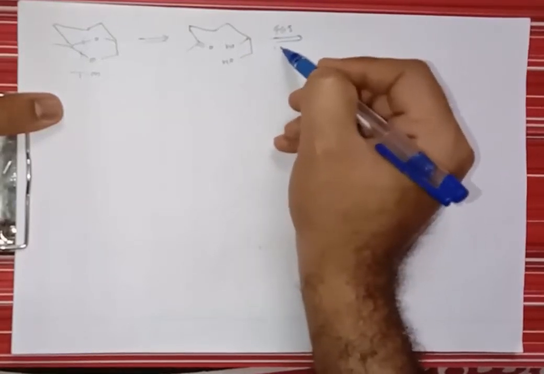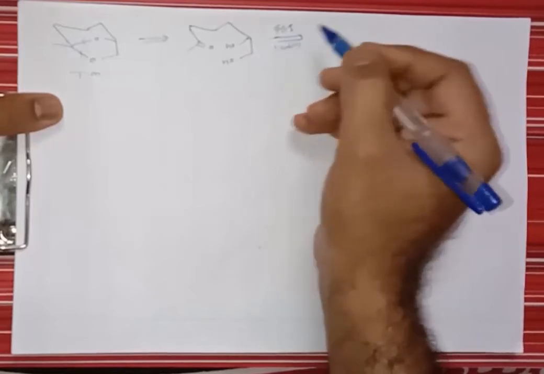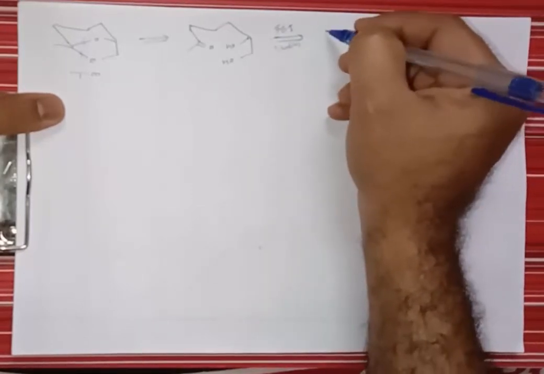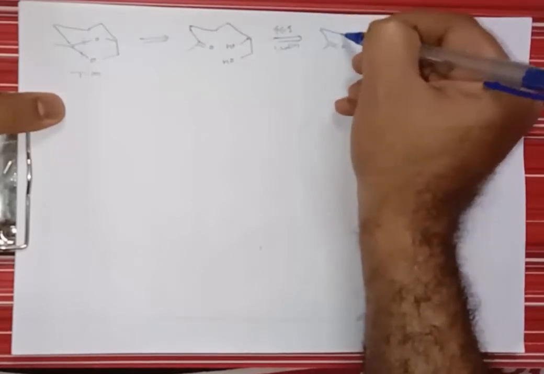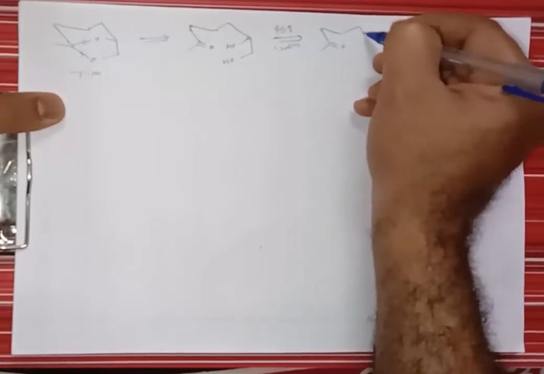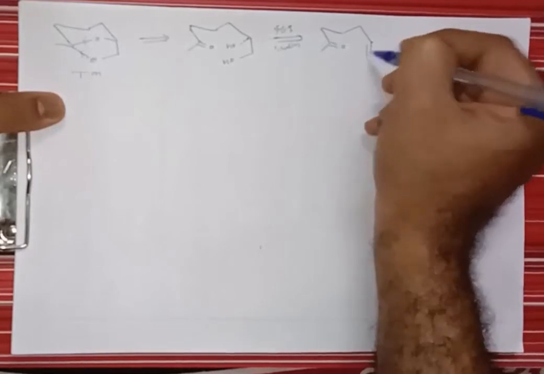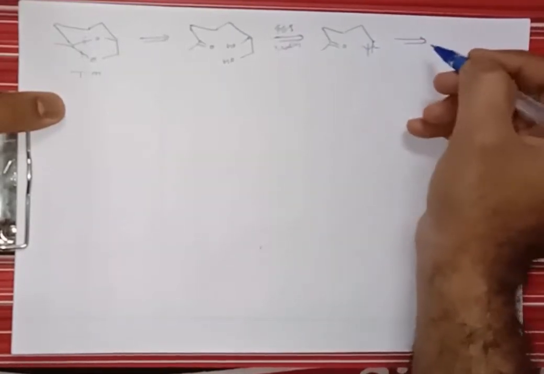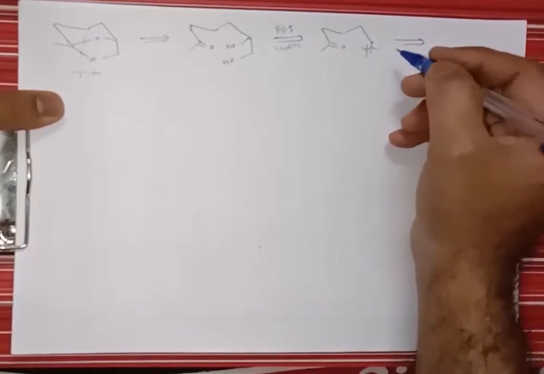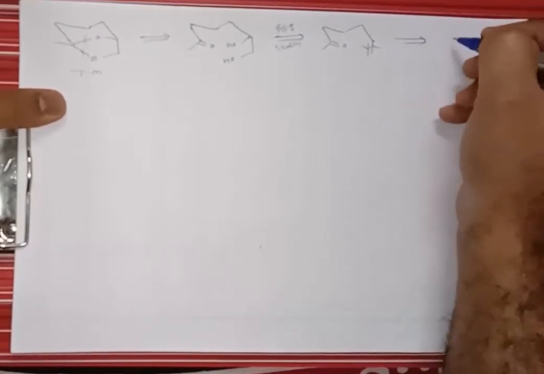First we can go for this 1,2 diol, and we know that if there is such type of 1,2 diol, we can convert this molecule into an olefin, right? We can convert this molecule into an olefin like this, right? And if the olefin is there, we can break this C double bond by converting to a carbonyl functional group on one side.